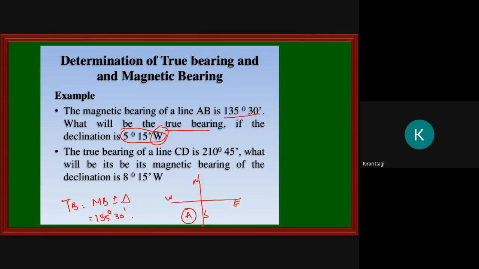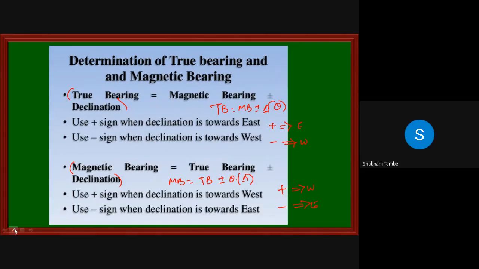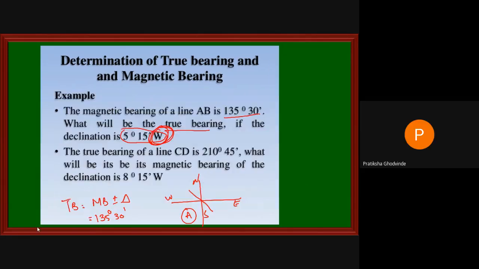If the declination is towards the west, you are taking the negative sign. Subtract, sir. Yes, subtract.